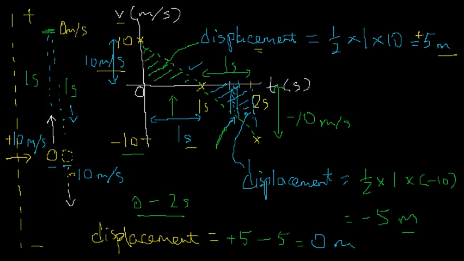And in this case, after the 2 seconds, the ball went up and came back down to the same level. So the overall displacement is actually 0 because it's back to the same place as the starting point. So 0 meters is the correct answer.